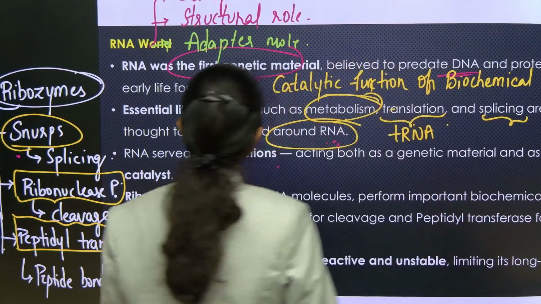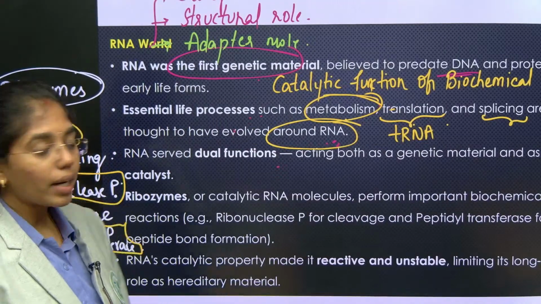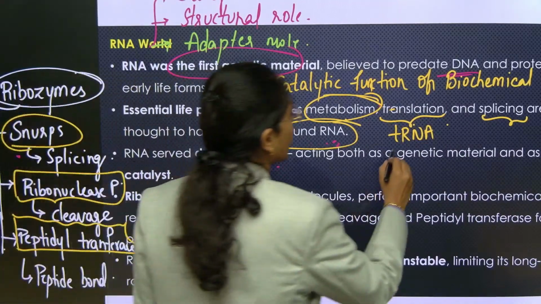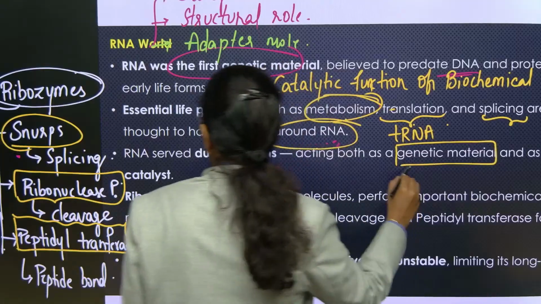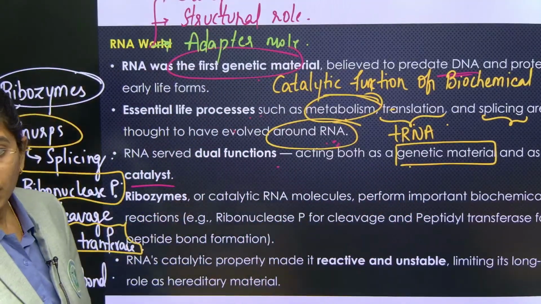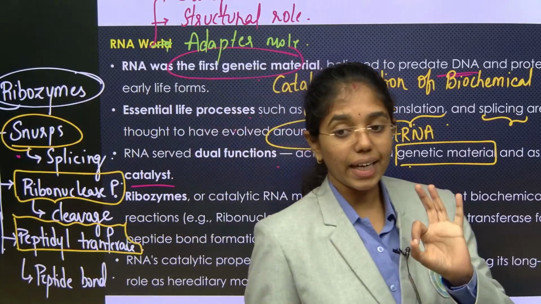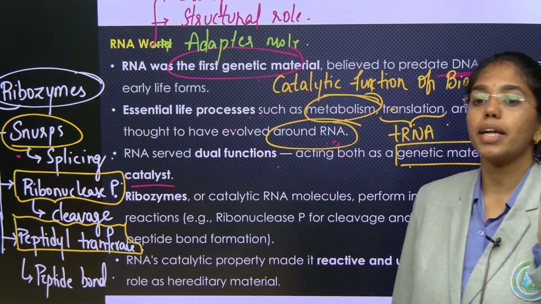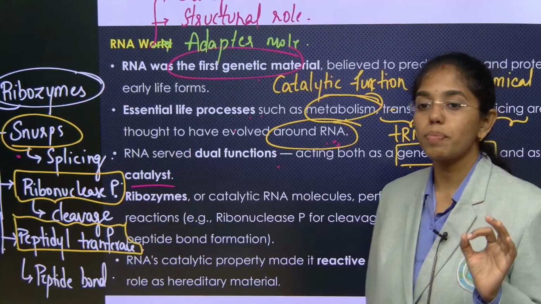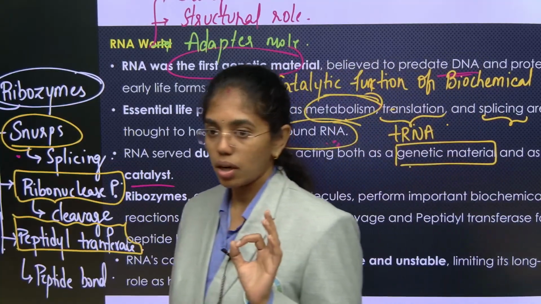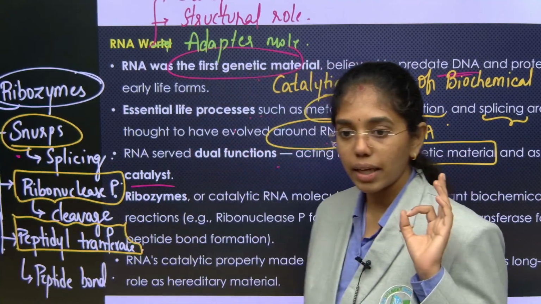Next, RNA served dual functions. What are the dual functions? It acts like a genetic material and also as a catalyst. That is the reason you have to know RNA can have two forms. One is genetic RNA, second is non-genetic RNA. Genetic RNA is present in viruses, like QB bacteriophage and TMV.